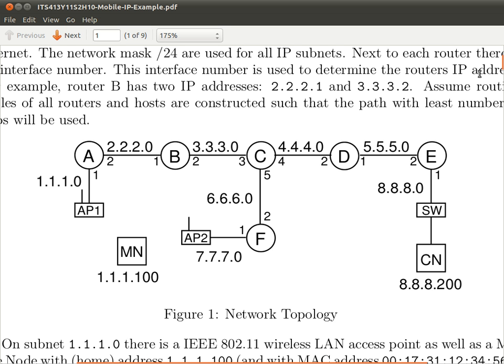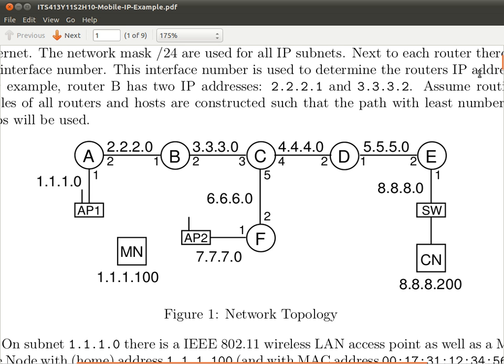It realizes the destination is actually visiting my network. 111.100 is here. Do not send it out to the home agent and wait for it to come back. Simply send it directly to the destination, that is, 111.100.